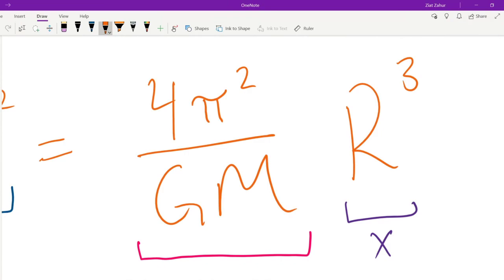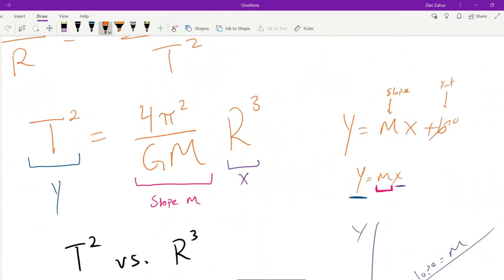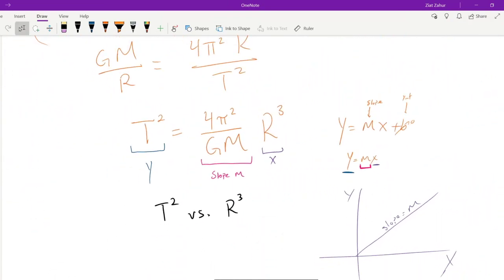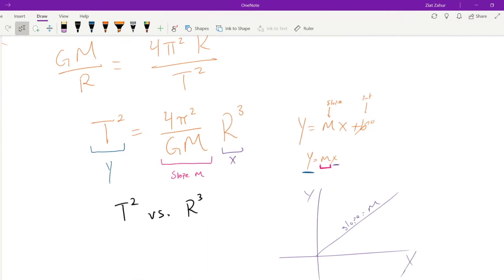Capital G is a constant. What is capital G? Capital G is the universal gravitational constant, and capital G is 6.67 times 10 to the negative 11 newton meters squared over kilograms squared. Right? Universal gravitational constant. And what is M?